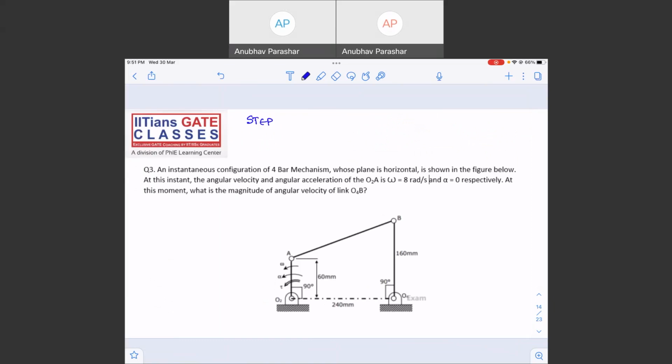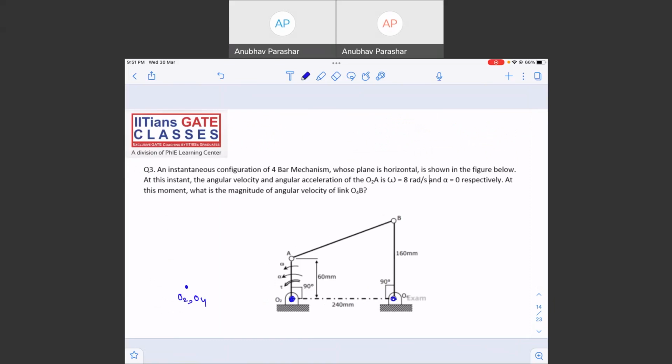What do I mean by plotting all the fixed points as a single point? How many fixed points are there here? O2 is a fixed point, O4 is a fixed point. So we'll plot O2, O4 as one single point, because all are fixed, they don't have any relative motion with each other.